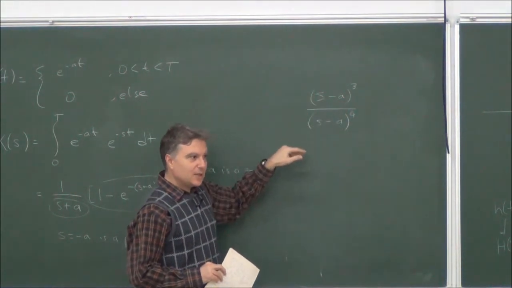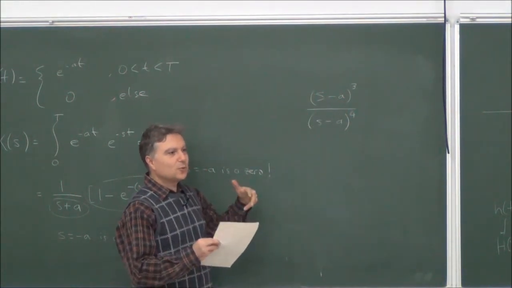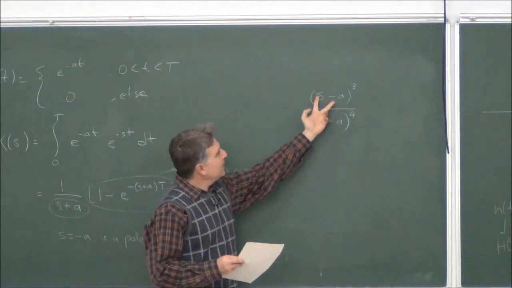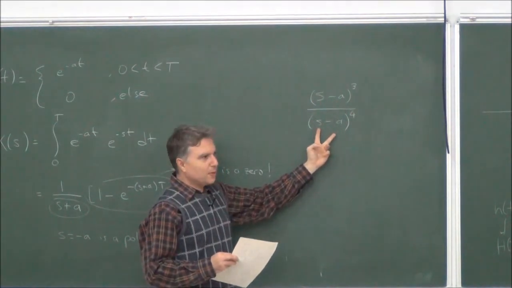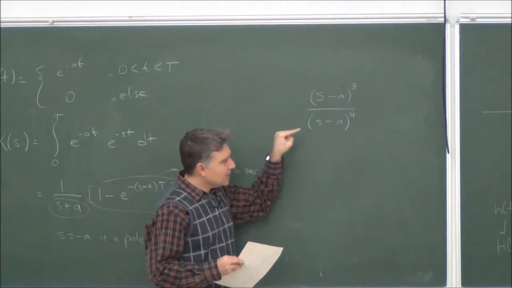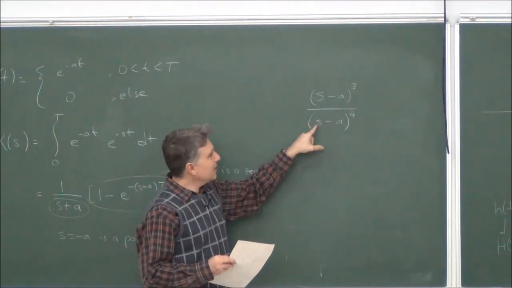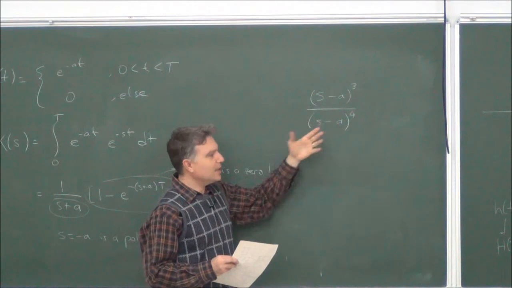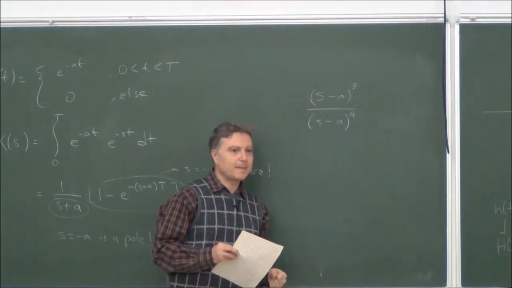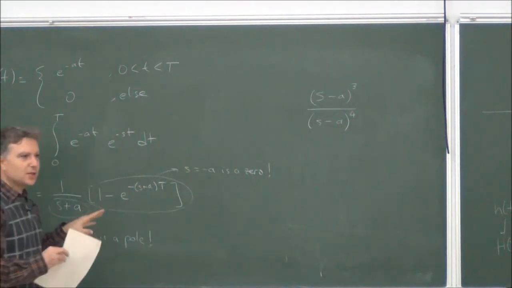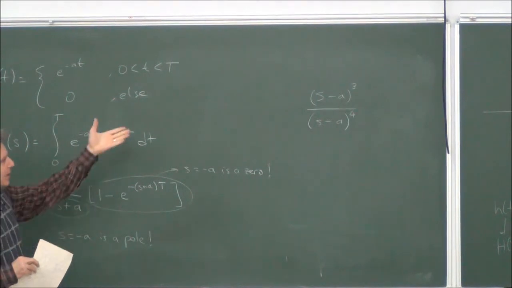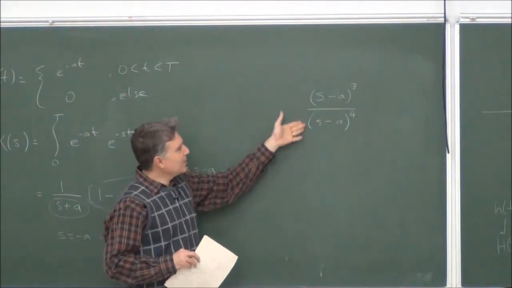They seem to cancel each other, but up to what extent? 3 of the zeros will cancel 3 of the poles, and there will still be a remaining pole. And this will still cause s is equal to a to still be a pole. They may not cancel each other completely. You have to take a look at how strong the poles and the zeros are.